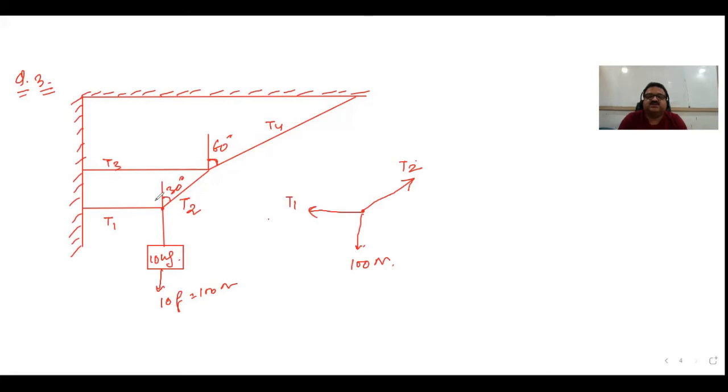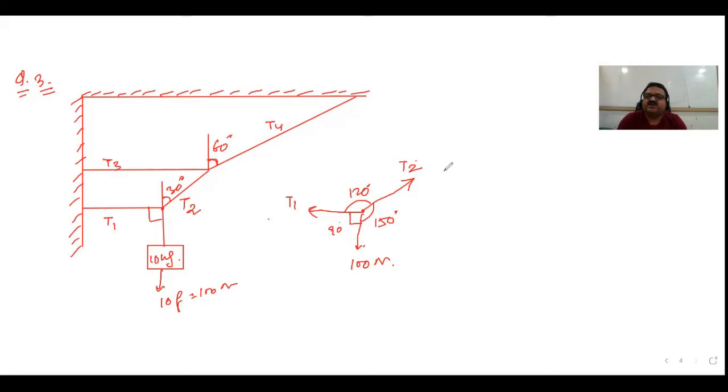It is 30, it is 90, that means this angle is 120. This is a 90 degree angle, this is a 90 degree angle. Now 120 plus 90 is 210, so 360 minus 210 is 150. You can check again: 150 plus 90 is 240, plus 120 is 360. Correct? Now let's try to solve it.